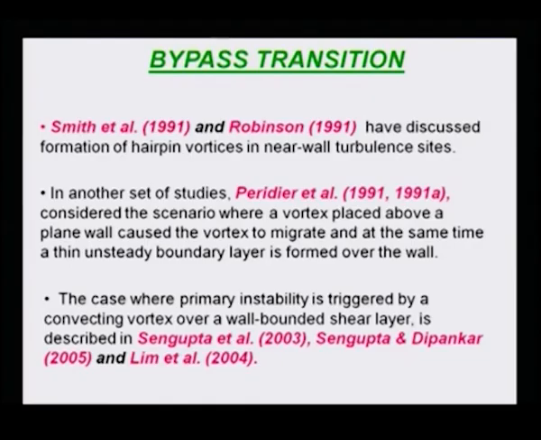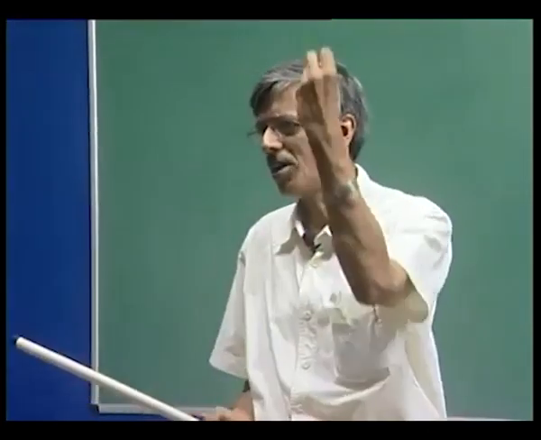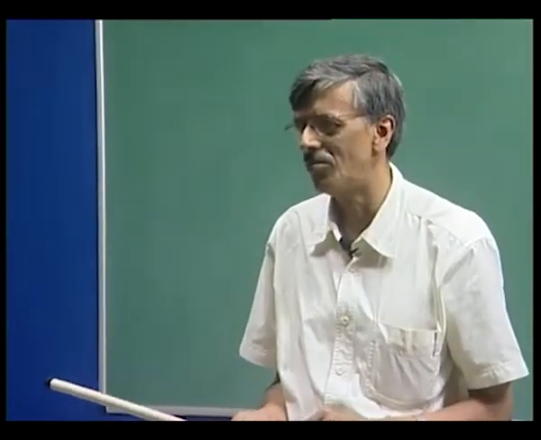There was another group of people in the UK who studied a very interesting problem: if you have a flat wall and you bring in a vortex, the vortex automatically starts moving by itself. Why?